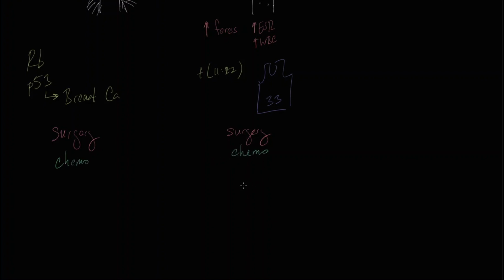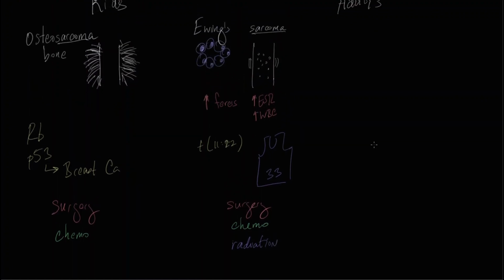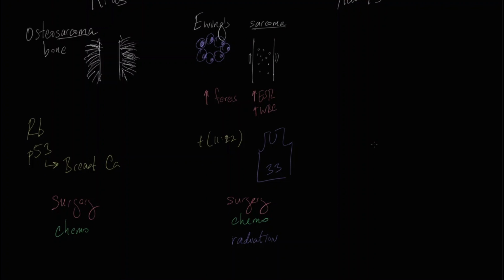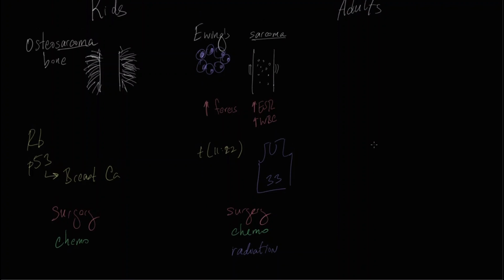But interestingly, only one responds to radiation. And that is Ewing sarcoma. And that is one of the things that Dr. Ewing found interesting with this new bone tumor that he found, was that unlike osteosarcoma, it did respond to radiation.